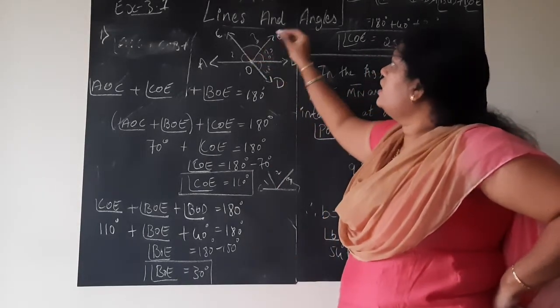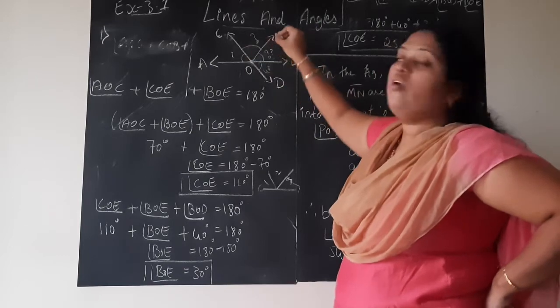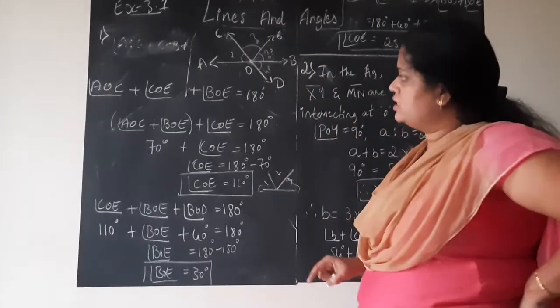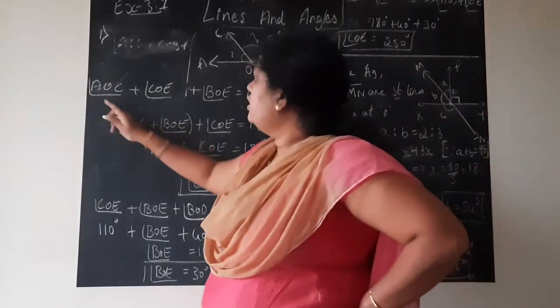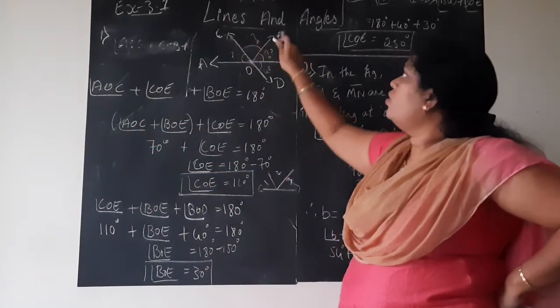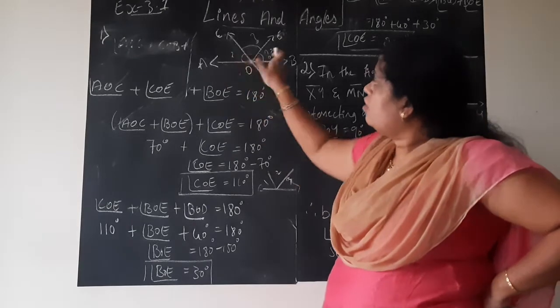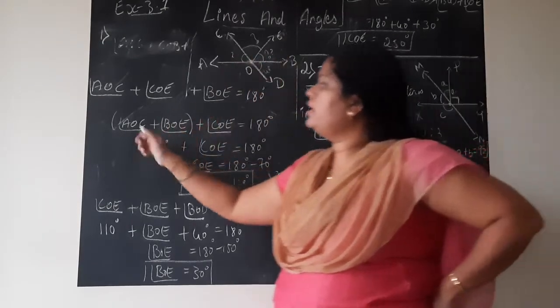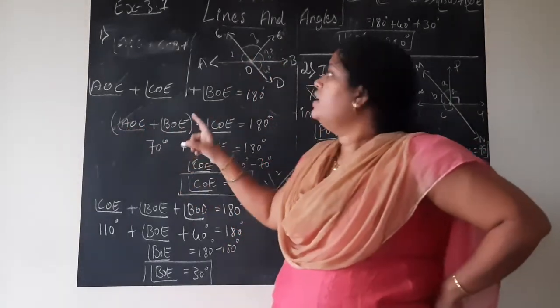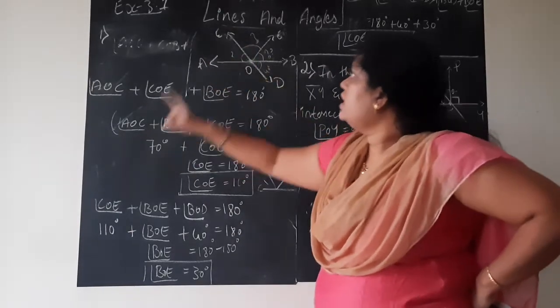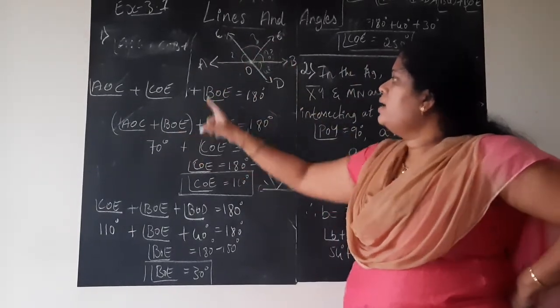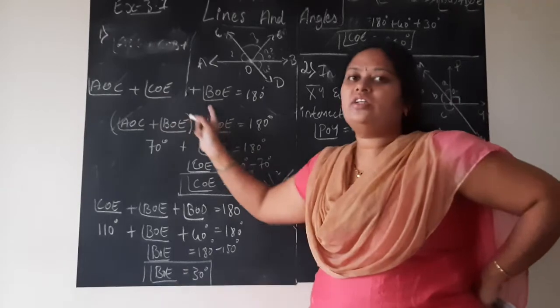So this angle COE is the unknown angle to us. So what I do is, AOC, COE, EOB in order we took. But now, since the sum of these two angles I know, I am grouping them together in one bracket. That is angle AOC plus angle BOE, plus COE. I am just rearranging them.